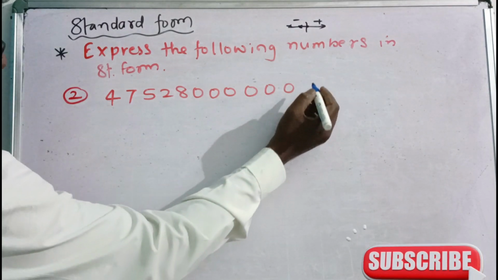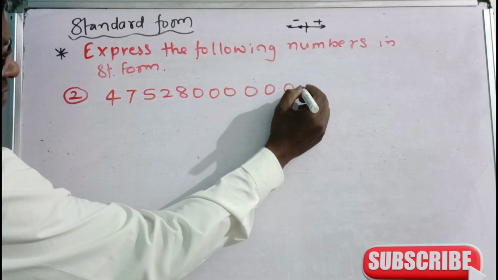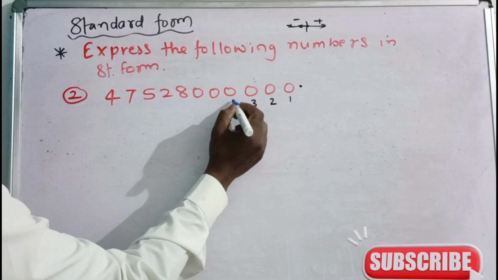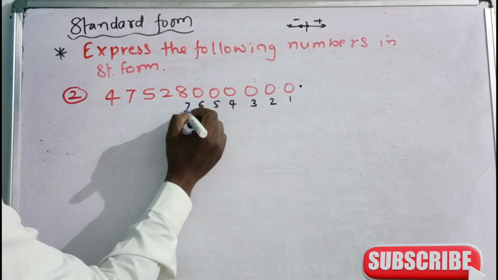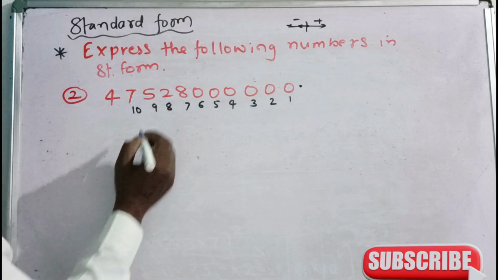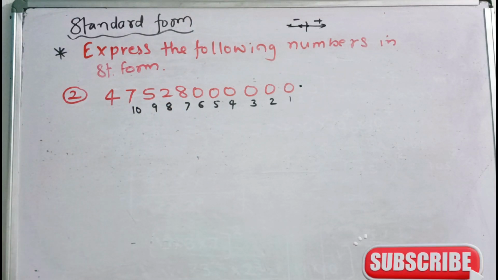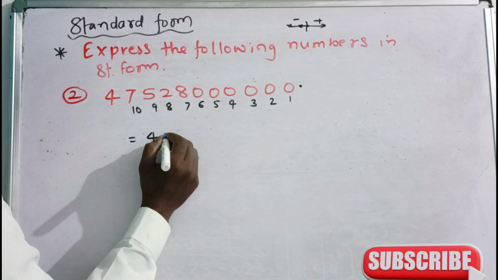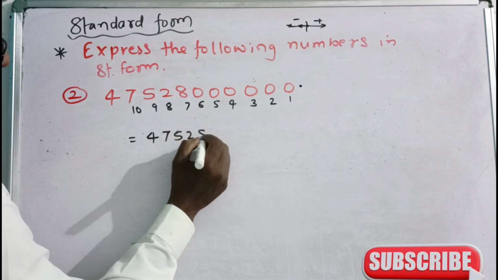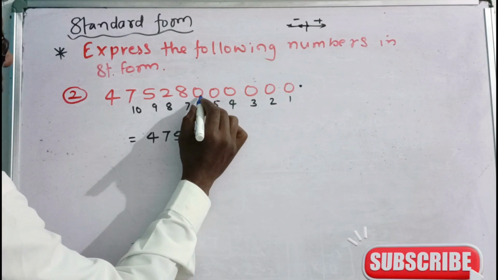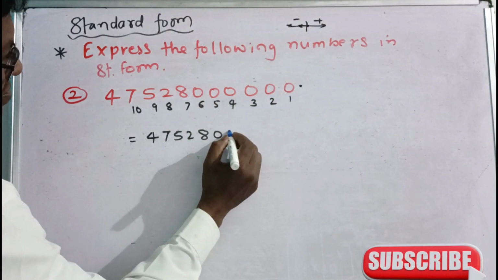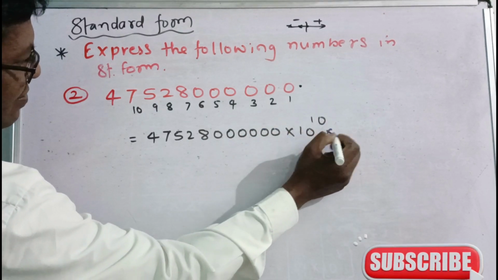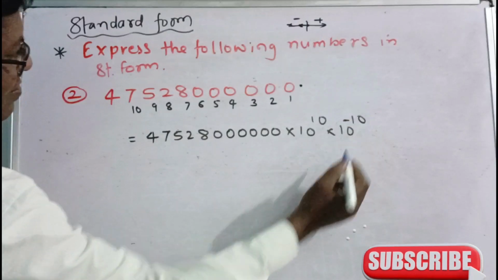Again, the point is not anywhere, meaning it is after the last digit: 1 2 3 4 5 6 7 8 9 and 10 digits, after that we have to shift the point. Then 4 7 5 2 8 1 2 3 4 5 6 into 10 to the power 10, 10 to the power minus 10.